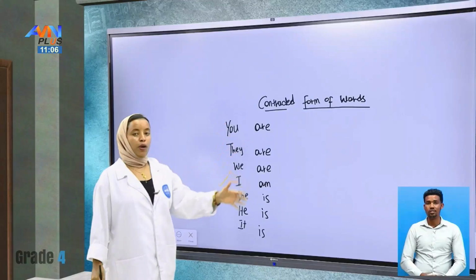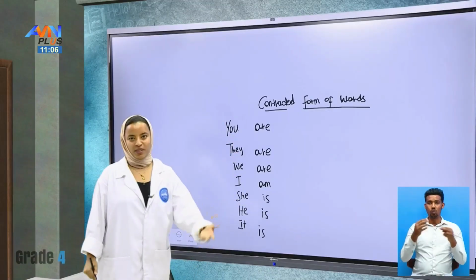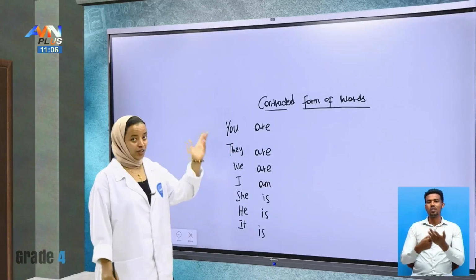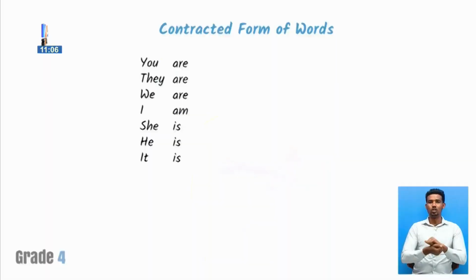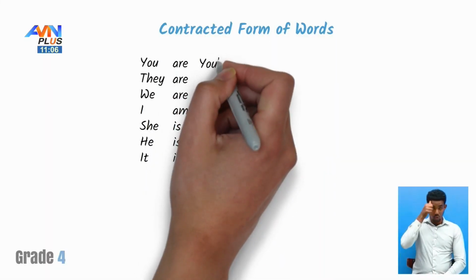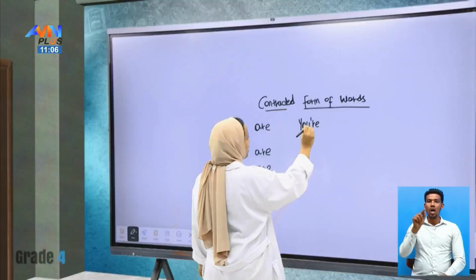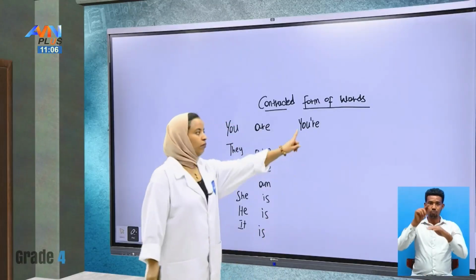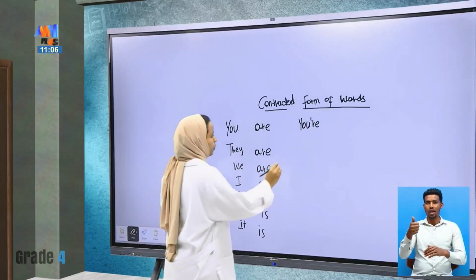This is the normal form of words. Let us make their shortened and contracted form. For you are, we are going to use an apostrophe and cancel the a. You're.